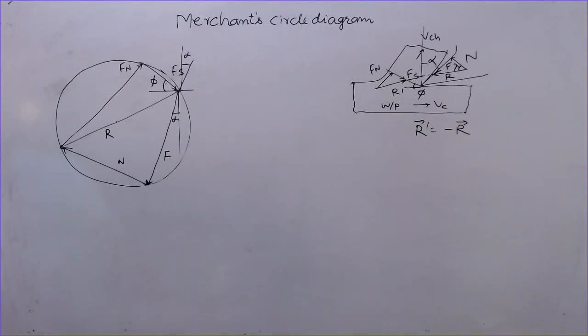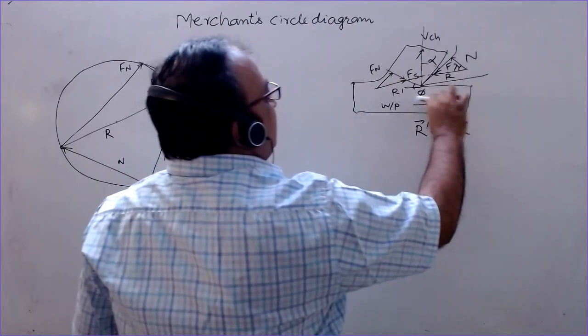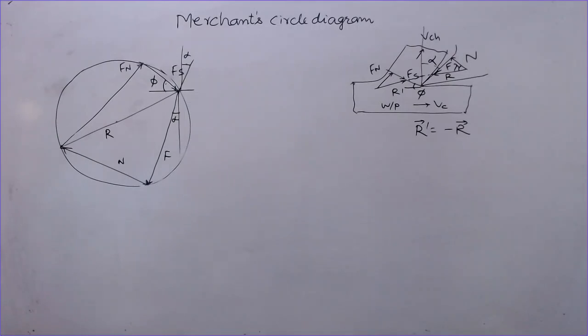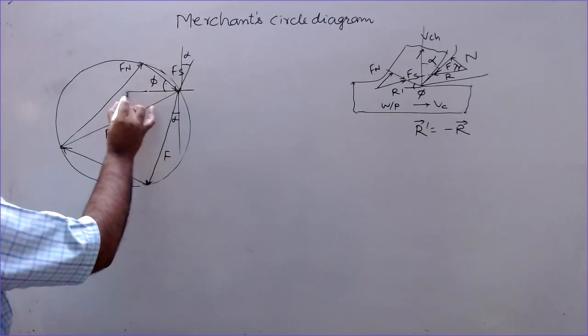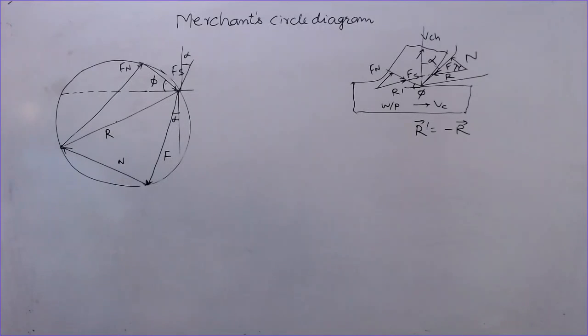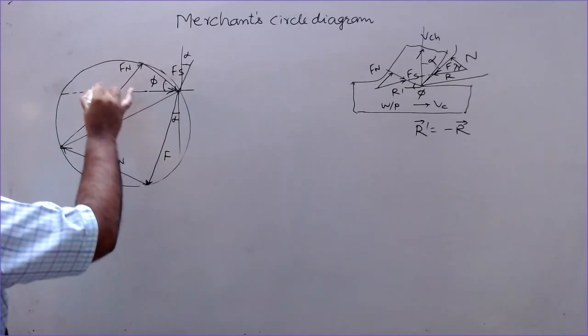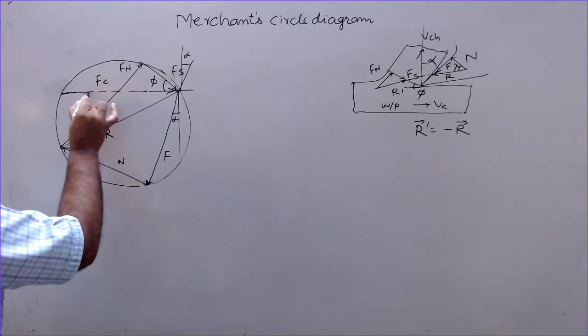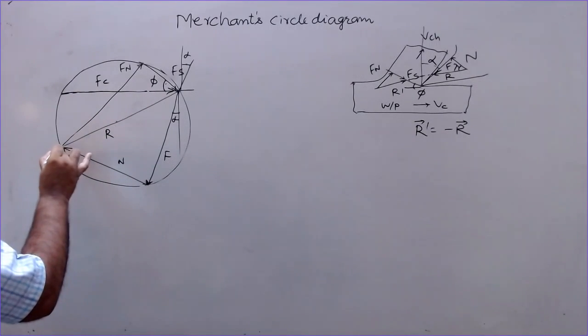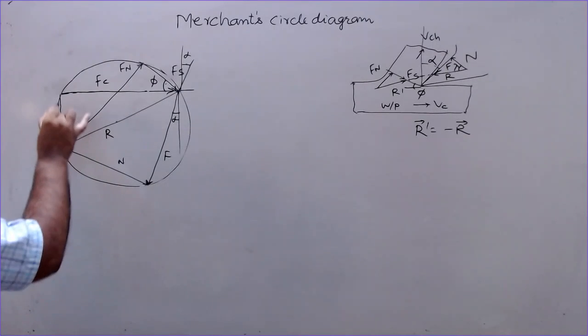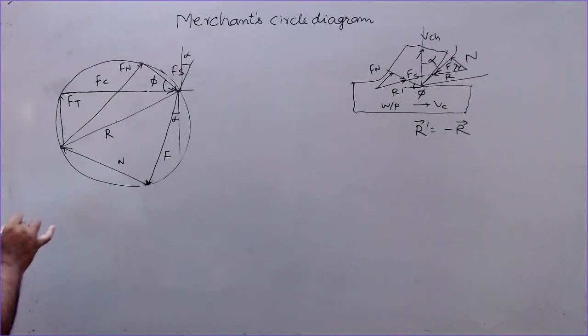Now we can resolve the force R further into two components. One along the direction of cutting velocity, the cutting force, and the other is a thrust force acting perpendicular to this. This is the horizontal direction, and in the direction of cutting velocity, we have this force Fc, the cutting force, and the component normal to this is the thrust force Ft.